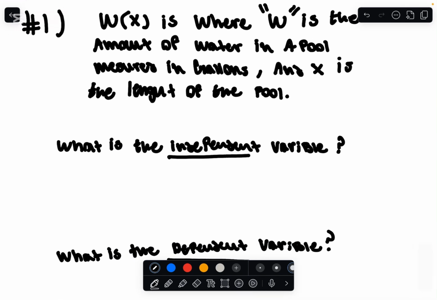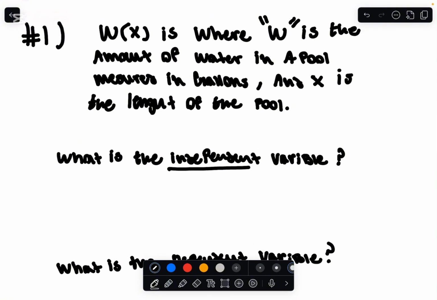Number 1. W of x, where W is the amount of water in a pool measured in gallons, and x is the length of the pool. You're probably wondering, what is our independent variable? As mentioned, our independent variables are just our x values, and in this case, x is the length of the pool.